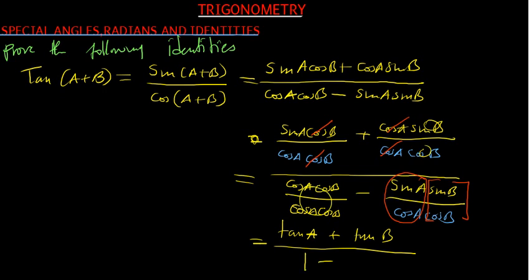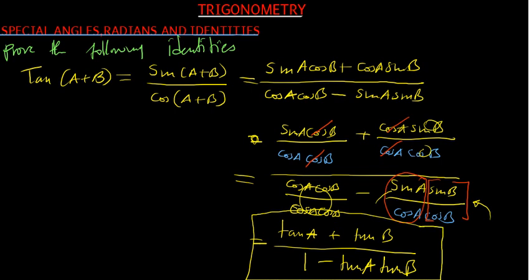And then minus this portion, sin A over cos A will be tan A. And then this one, sin B over cos B will be tan B. So this is the identity for tan when we are adding two angles: tan A plus tan B over 1 minus tan A tan B. So that means if there was a minus here, all that would have changed is this would have become a minus and this would have become a plus in that manner. Alright.